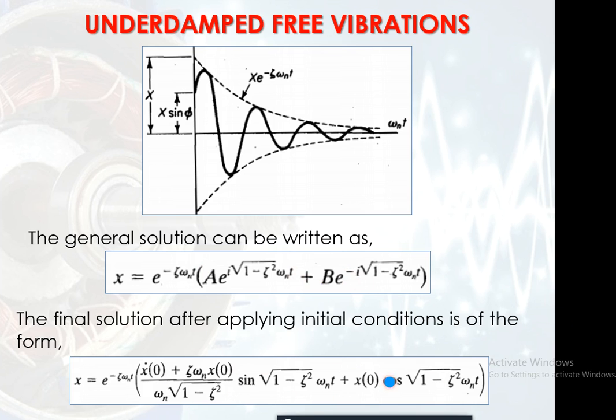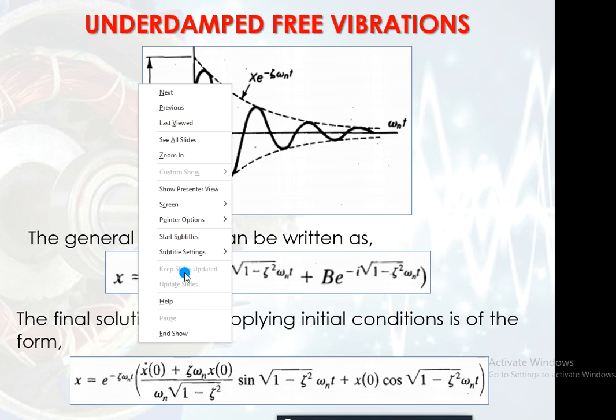This is the final expression with which we can easily find out the response of the free vibrating system. But before applying this expression, we must be careful that the system is underdamped. This expression is only valid if the system is underdamped. If the system is not underdamped, then we cannot apply this expression.